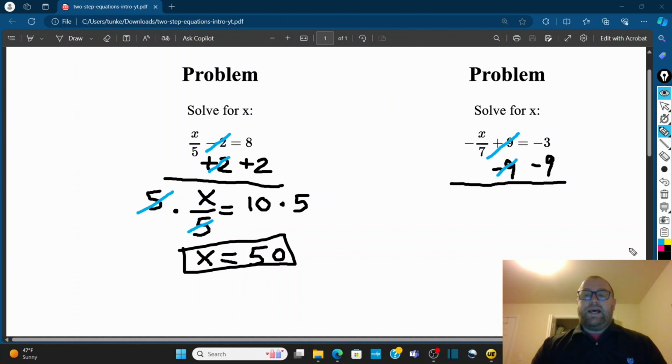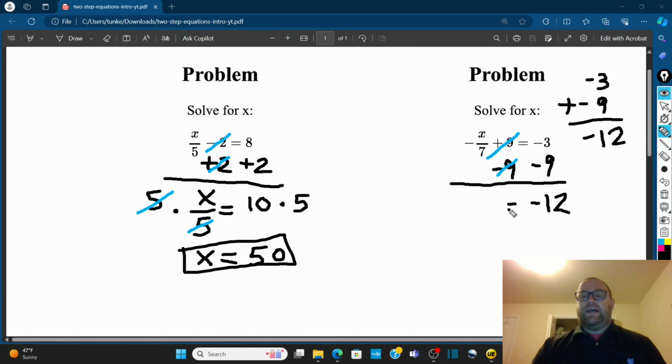On the right-hand side, we've got negative 3 minus 9, or negative 3 plus a negative 9. So if we're adding two numbers of the same sign, we can just add the numbers and keep the sign. So 3 plus 9 is 12, and both have a negative sign, so we have negative 12 on the right.